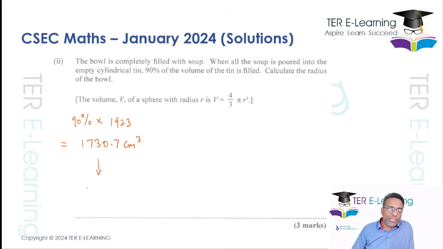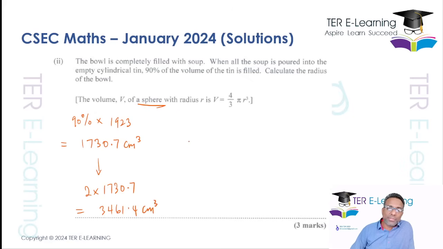So what you could do is take this and multiply by 2. So 1730.7 times 2 would be 3461.4 cm³. So that's the volume of a full sphere.